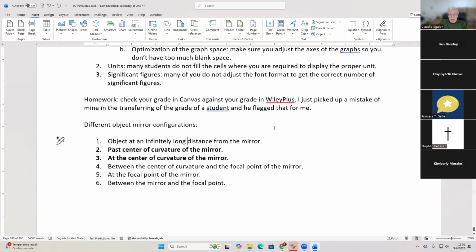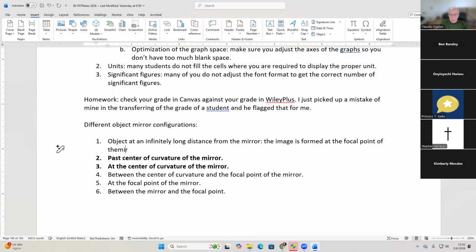So what happens here? The image in this specific case that I didn't show to you, but you can picture from the equation, is formed at the focal point of the mirror.